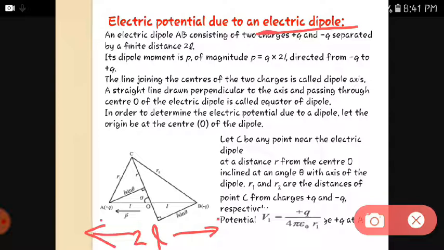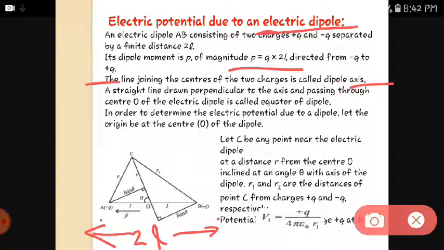Now the electric dipole AB consists of two charges, plus Q and minus Q, separated by distance 2L, as we have seen. Its dipole moment is P bar. What is the formula for it? The formula for dipole moment is P equal to Q into 2L. The line joining the two charges is called the dipole axis.